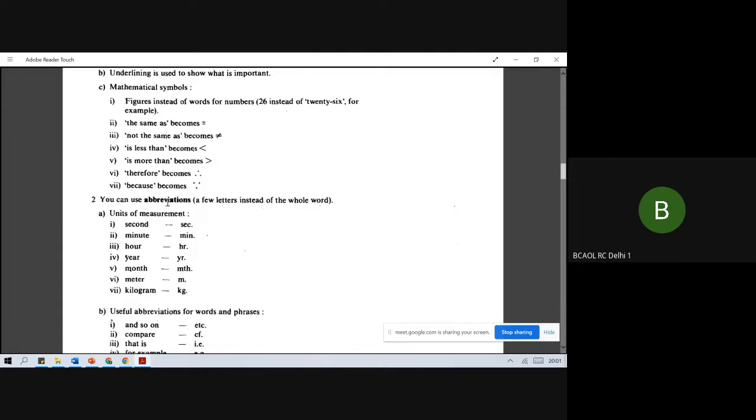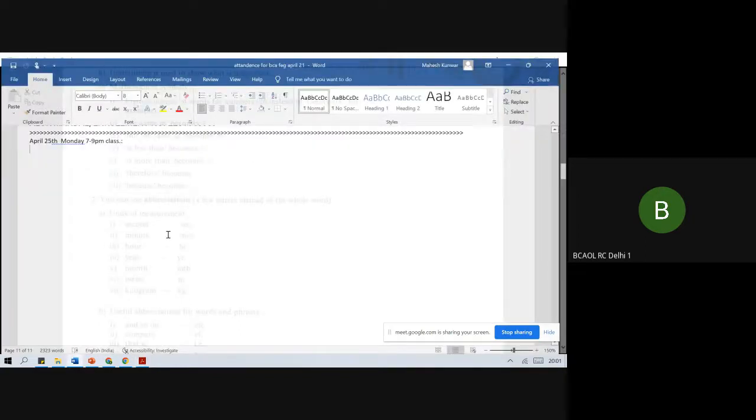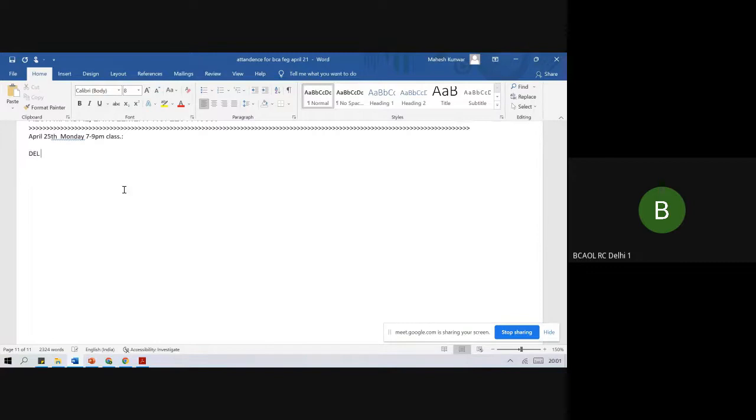And another is abbreviation. Using abbreviations is really important in taking or making notes. There are two types of abbreviation. The first one is the common abbreviation. Common abbreviation, I mean, for Delhi we can use D, MU for Mumbai, MH for Maharashtra.